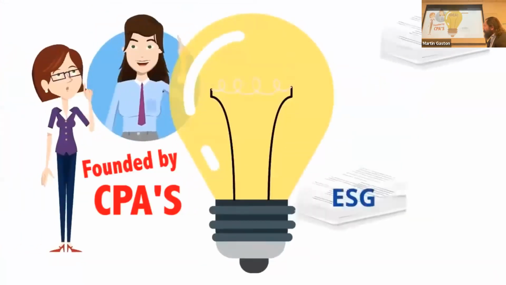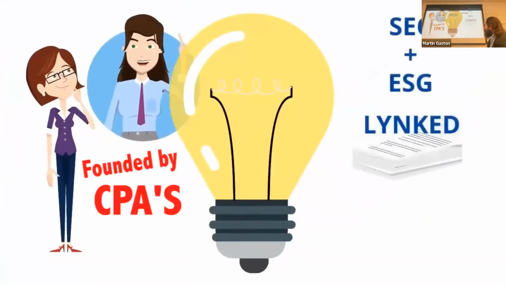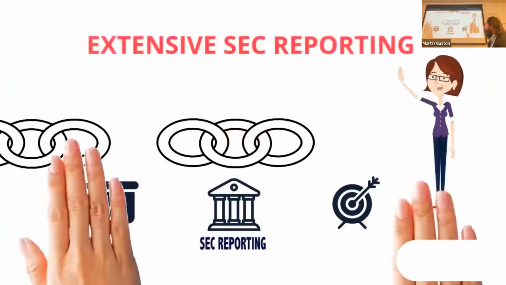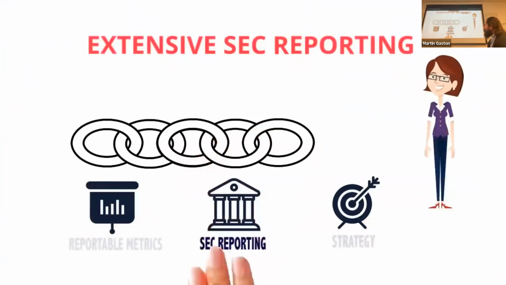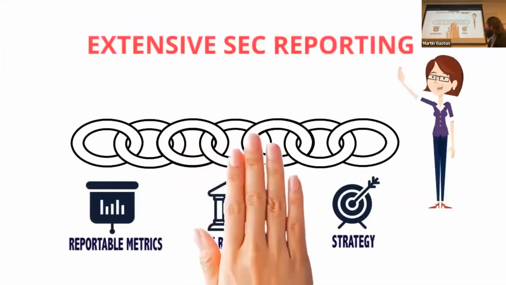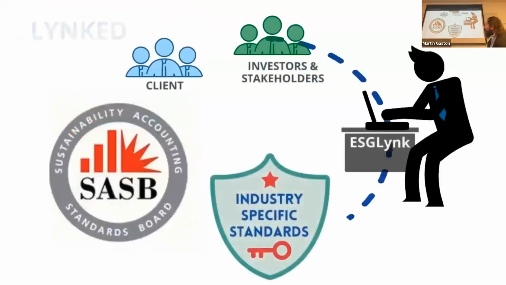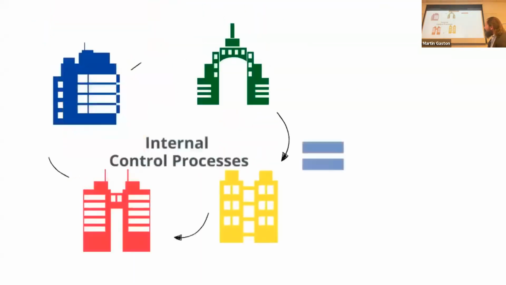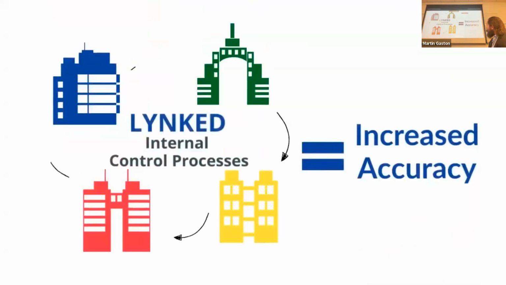ESG Link is founded by CPAs with a purpose of linking SEC and sustainability reporting. ESG Link brings the discipline of SEC reporting to help companies simplify the link between strategy and reportable metrics. ESG Link uses SASB industry-specific standards to link companies and investors using financially material sustainability metrics. We increase accuracy by linking internal control processes.